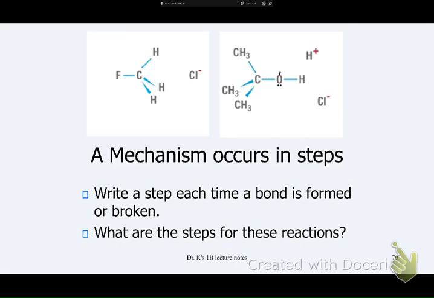So this is a good transition. Okay, so if this was the rate determining step, I could do exactly the same thing that I did for that one. I would say reaction rate equals k times the T-butyl alcohol concentration times H+.